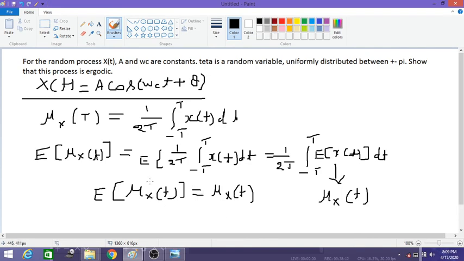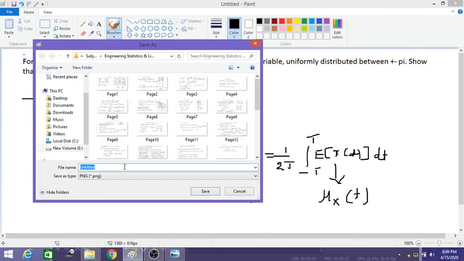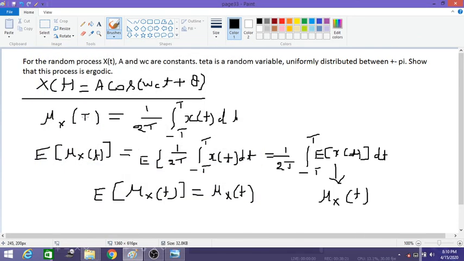So we'll look into the autocorrelation process. So let me save this page here, 33. So we'll see the autocorrelation process here.